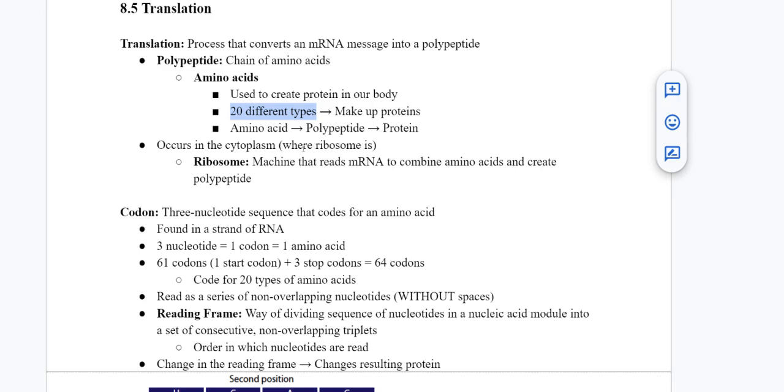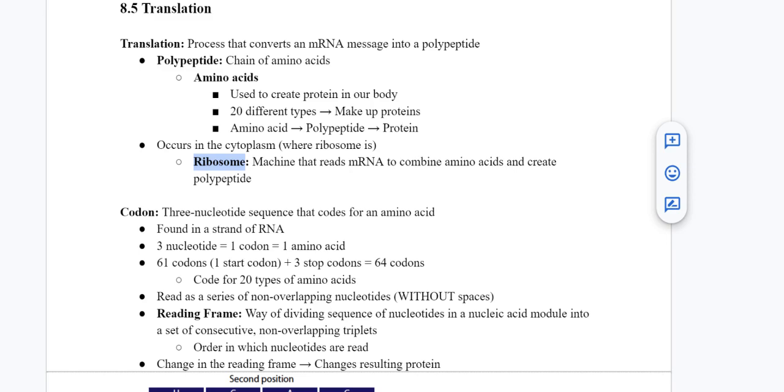Now, translation here occurs in the cytoplasm. And what else is in the cytoplasm? Ribosome, like I said before. Please remember that. Now, a ribosome is like a machine, a factory, like I said. It reads the message from the mRNA, and it goes like, oh, okay, we'll combine these amino acids together and produce protein.